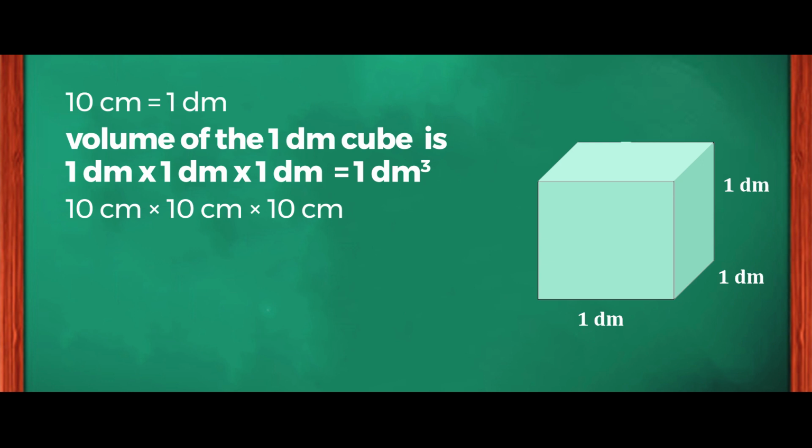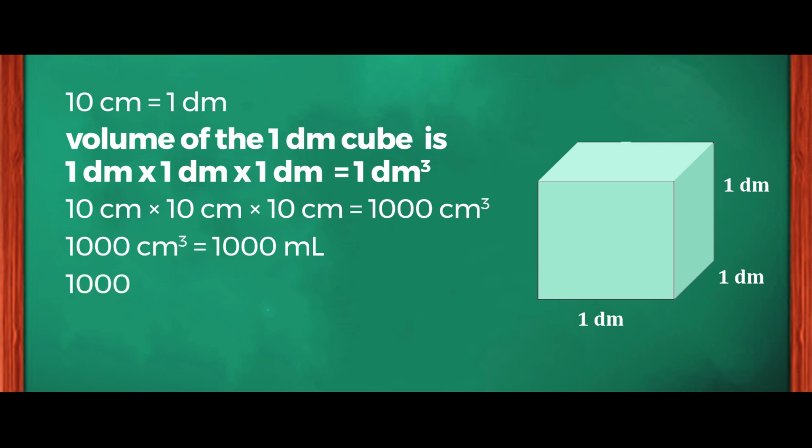Now the volume here, in terms of centimeter, is 1000 centimeter cube. And in terms of decimeter, it is 1 decimeter cube, which means 1000 centimeter cube is equal to 1 decimeter cube. Now, 1000 centimeter cube is equal to 1000 milliliter. We have already done this.